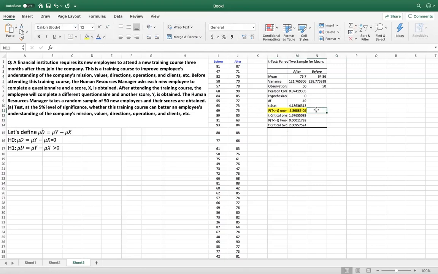So as can be seen from the output, the p-value for one tail is smaller than the 5%, which means that we could reject the null hypothesis at the 5% significance level. And we can draw a conclusion that the training course can better an employee's understanding of the company.